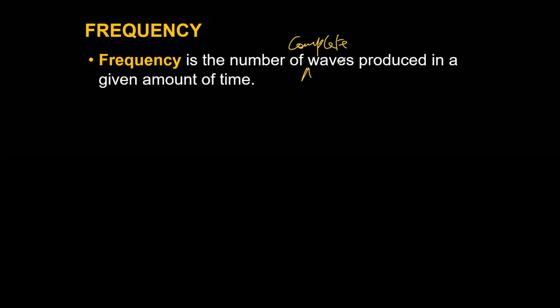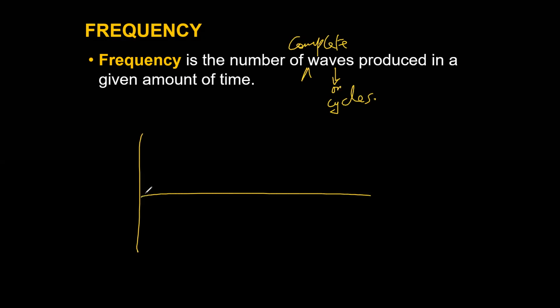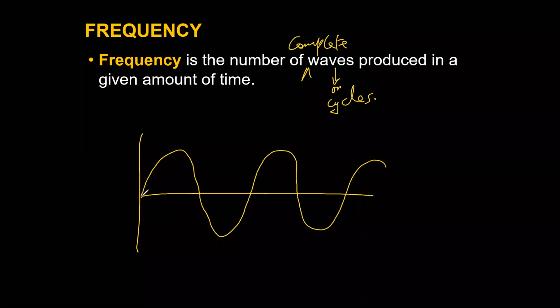Just like Tamari has said, you can add on this: complete waves or cycles. For example, in case I have this diagram here, how many cycles are there? Amun? 3. 3 cycles. Okay, let's check and see.